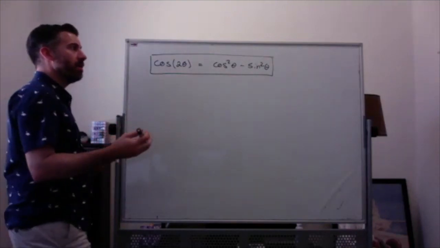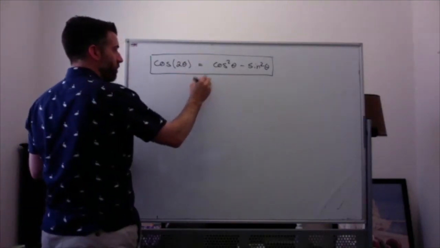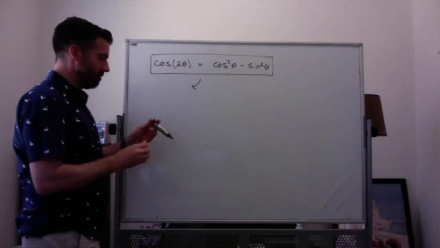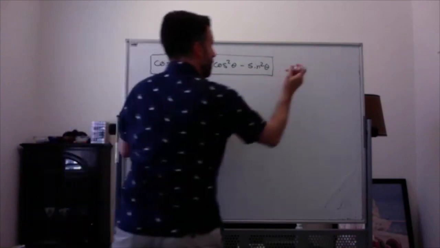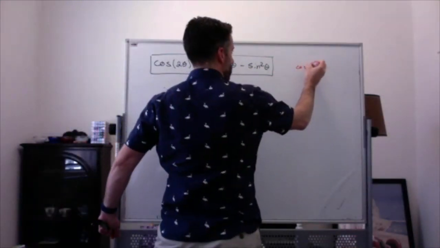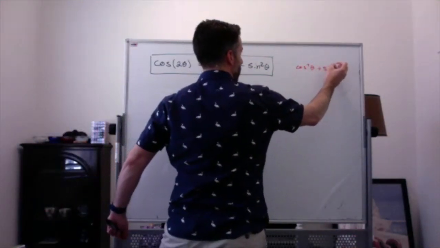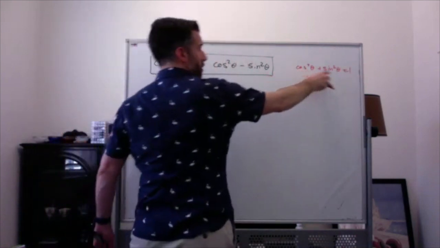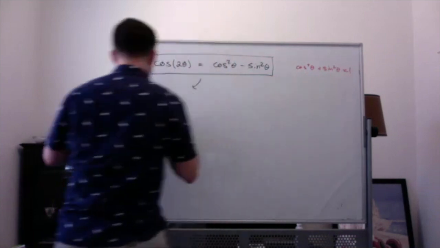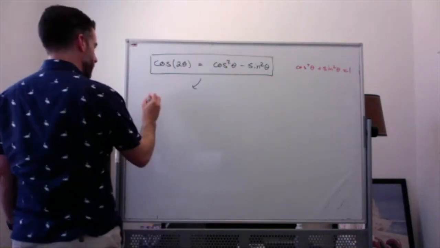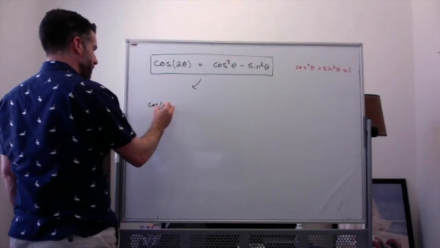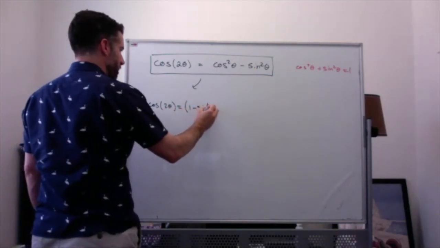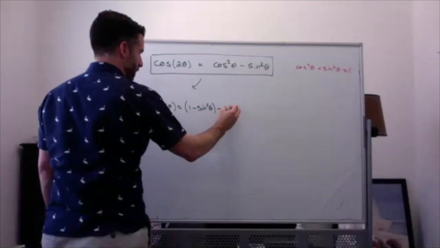But we just saw that you can replace cosine squared theta with 1 minus sine squared theta, right? Because we know that cosine squared theta plus sine squared theta equals 1. So we can replace cosine squared with 1 minus sine squared, which we just did, and get cosine of 2 theta equal to 1 minus sine squared theta minus sine squared theta.